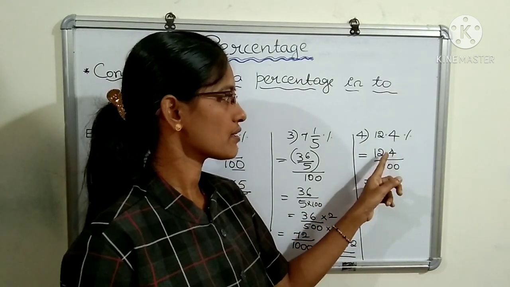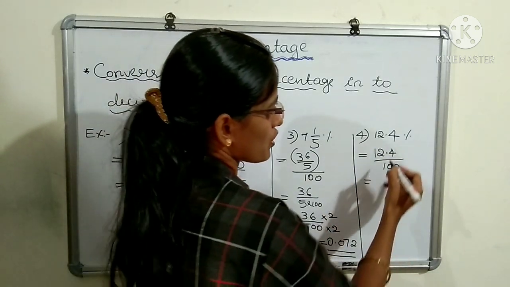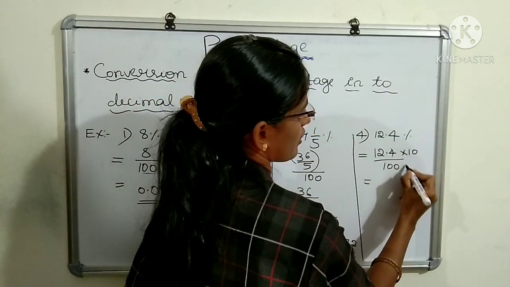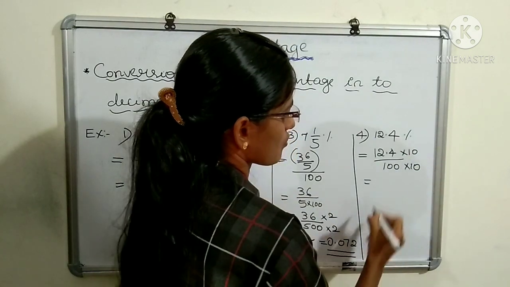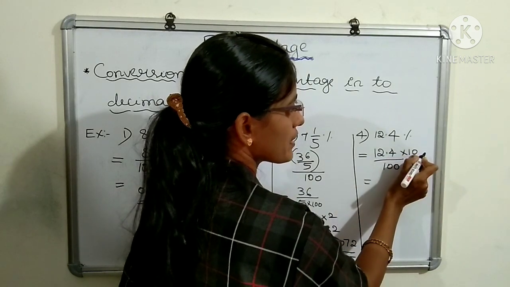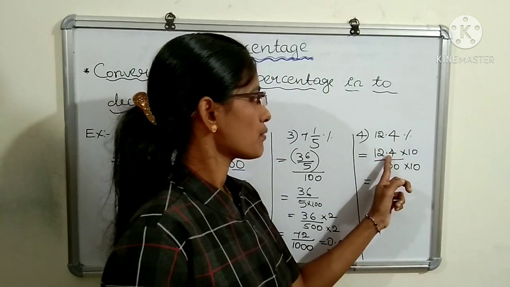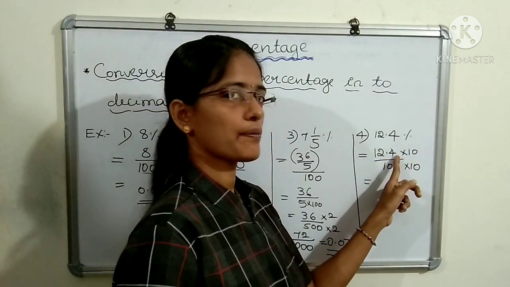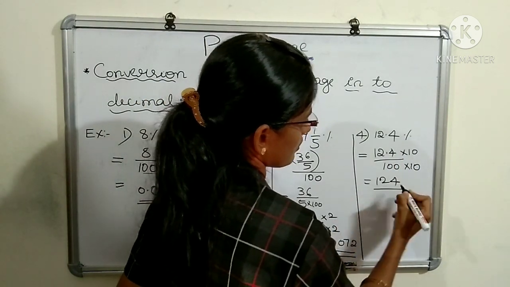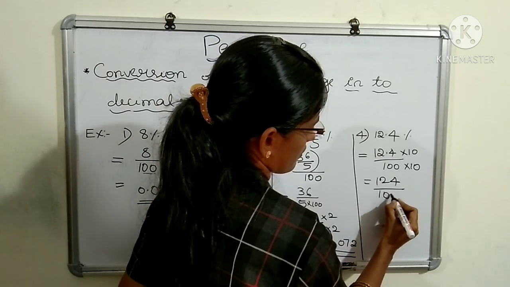To remove this decimal point we have to multiply both numerator and denominator by 10. So here numerator becomes what? If we multiply 10, this decimal point shifts to right by 1 place. So answer 124. Here 1000.